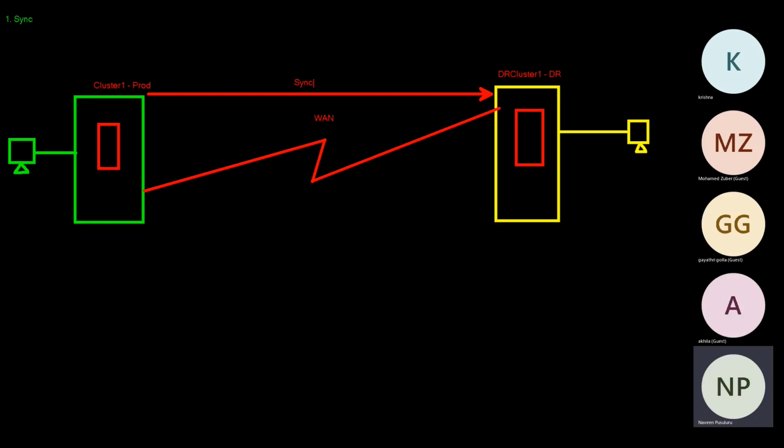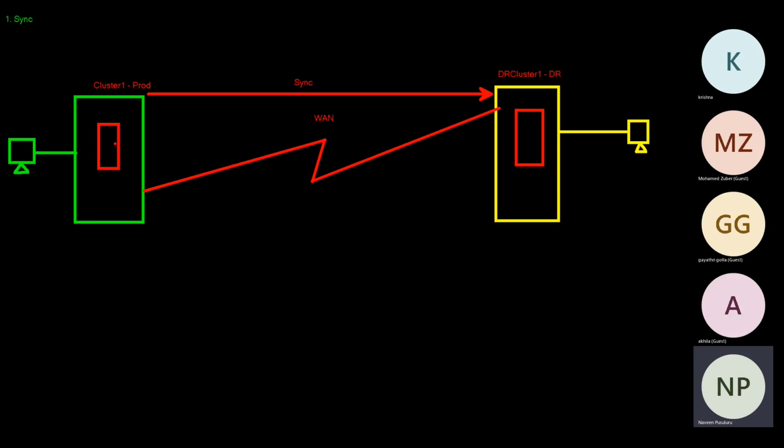The replication happens between the volumes, not between the clusters. So if you have a very critical volume, you can create a synchronous replication between two volumes, one for one. If you have a less critical application, you can use asynchronous. Like that, you can maintain multiple replications between clusters based on volume criticality and choose the method. We'll talk about those things a little later.